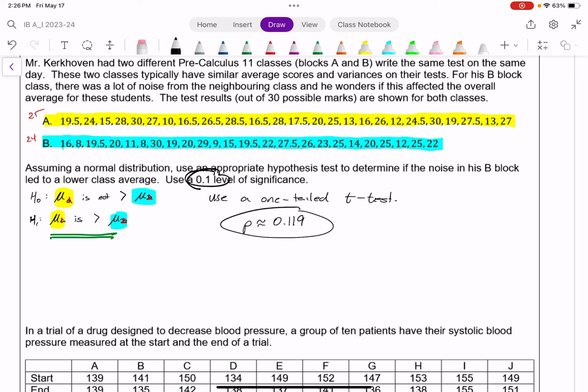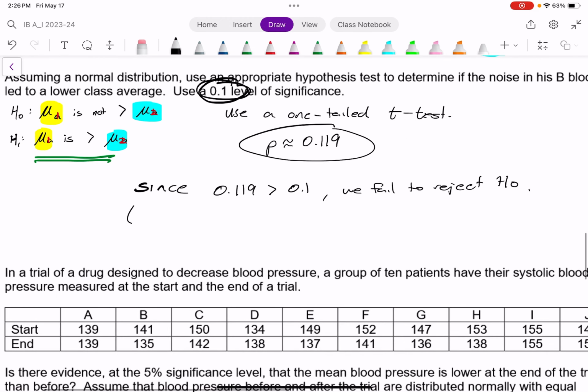We don't exceed this level of significance. And so I'll say since 0.119 is greater than my level of significance, we fail to reject H0, the null hypothesis. We don't have enough evidence to conclude the difference was not just a matter of chance.